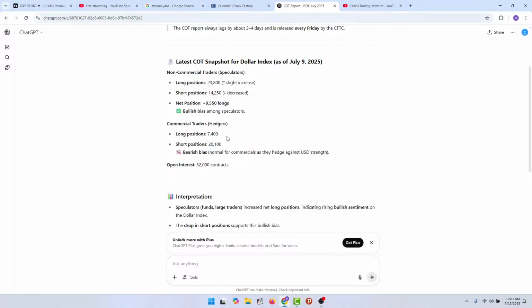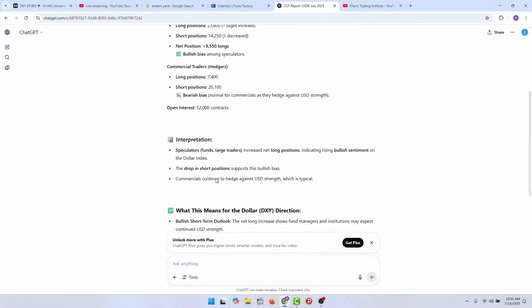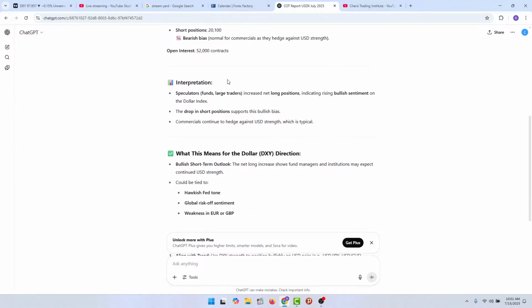Commercial traders, hedging, have about 7,400 long positions and short of about 20,100. So what is the interpretation of this data? Speculators, large traders or hedge fund traders have an increased net position that is indicating a rising bullish sentiment on the dollar index. So we're anticipating a bullish bias on the dollar.